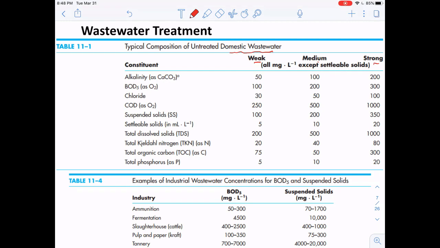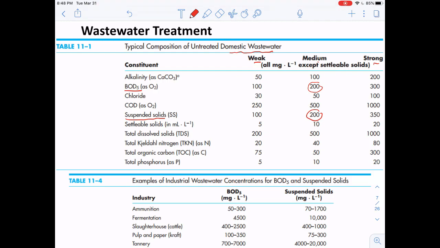Different categories have different concentrations of these constituents. For example, for the BOD5 and the suspended solids, you can see that it's around 200 for each. Those are among the medium levels here.